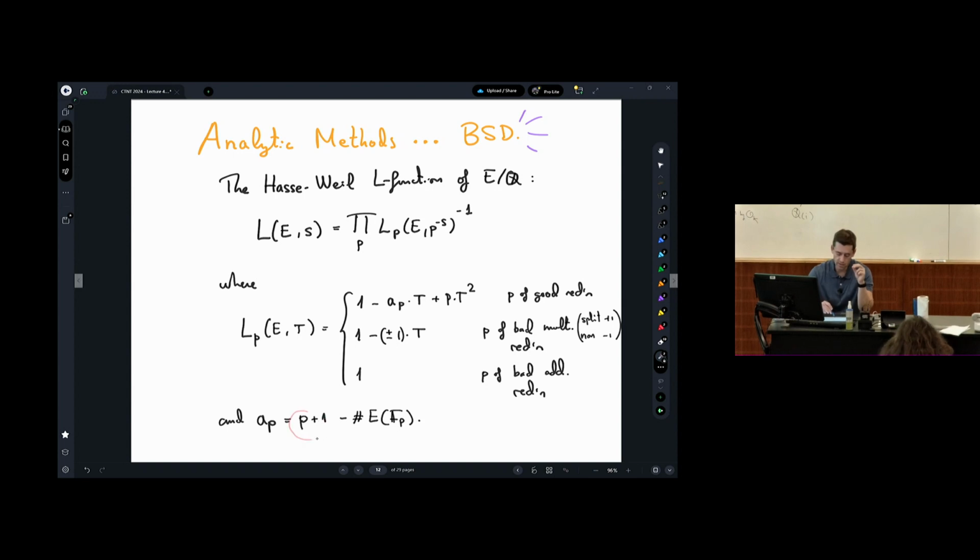Remember, Hasse told me that over F_p, there should be about p plus 1 points, and if you compute the error, it turns out that is the key number here as a coefficient in this polynomial. This might seem like, what the heck is this about? How do you know this works? Where is this coming from?